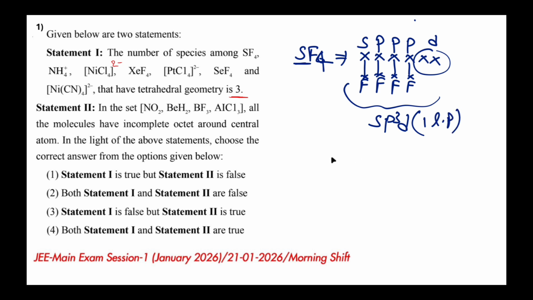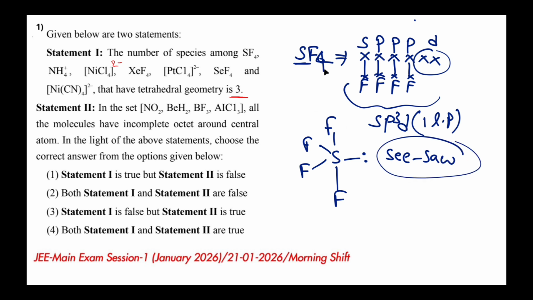Generally sp3d hybridization is trigonal bipyramidal. Now the 1 lone pair is present at an equatorial position. So that is SF4. Because of the presence of 1 lone pair, the trigonal bipyramidal structure is shifted to seesaw structure, so the SF4 molecule has seesaw shape.